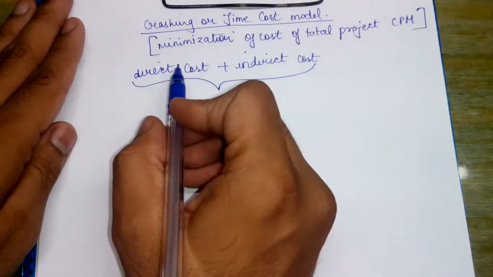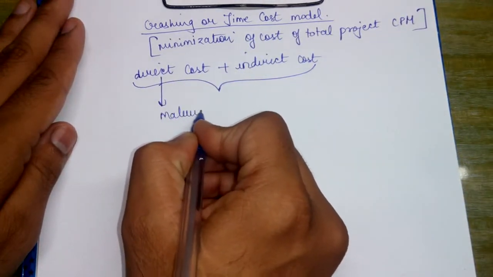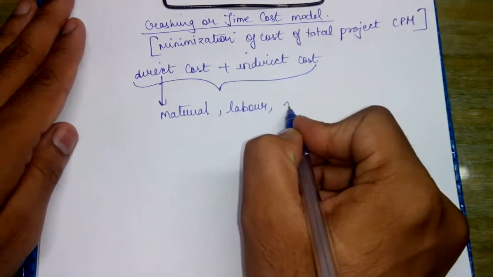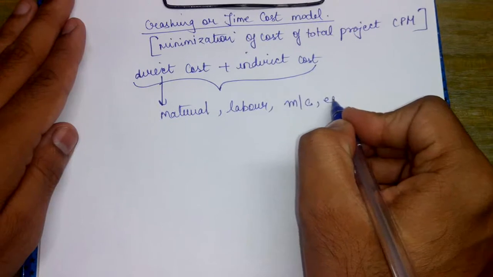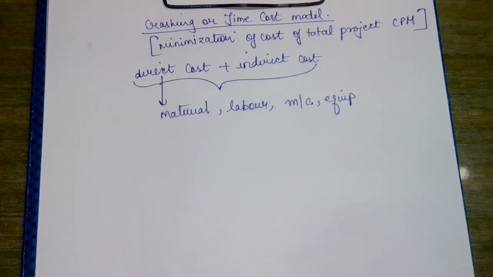It includes the direct material, direct labor, cost of machine and cost of equipment. So these are the different types of costs included in the direct cost.